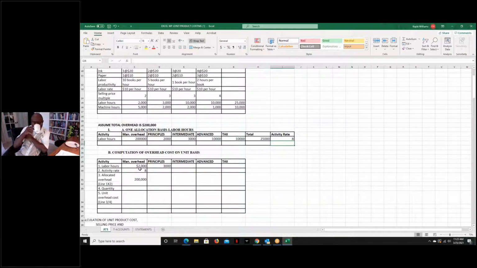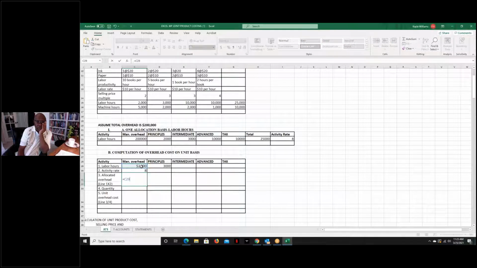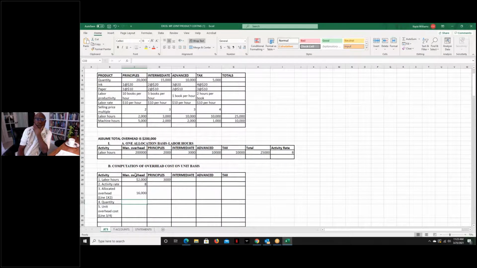And to find the allocated overhead, you do 2,000 times 8, which is 16,000. And then we have a quantity given, which is 20,000. And then you would divide 16,000 by 20,000 to get your unit overhead cost of 80 cents.